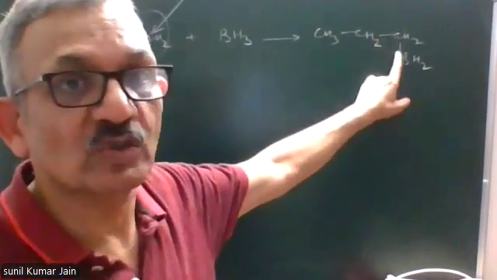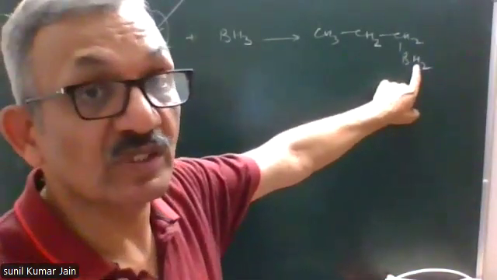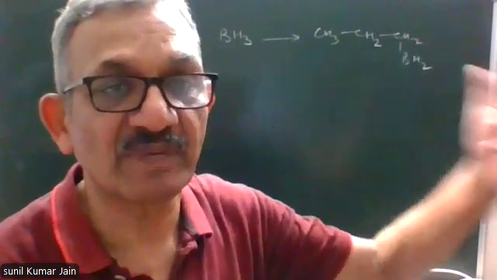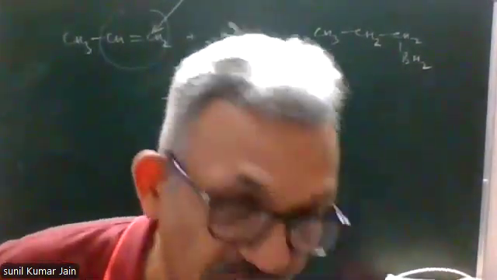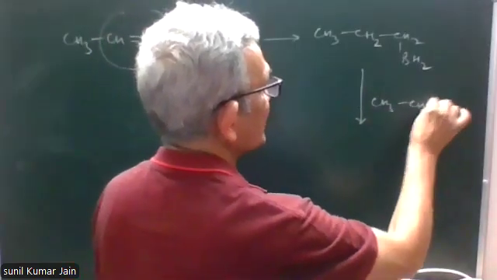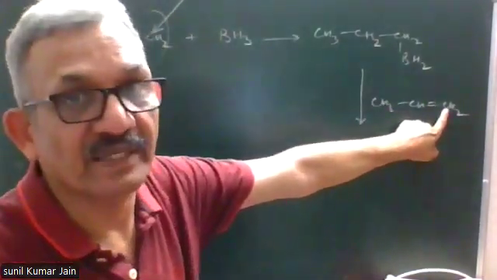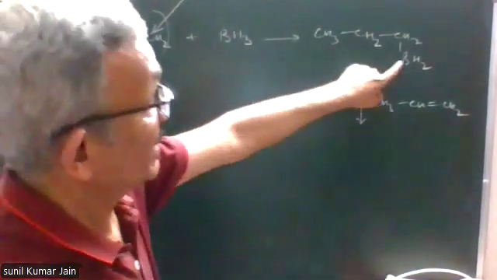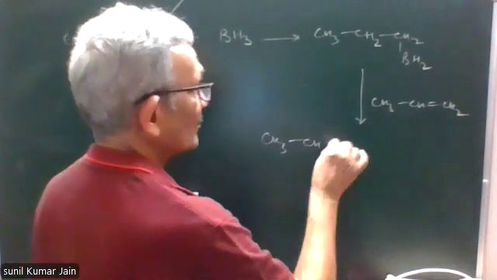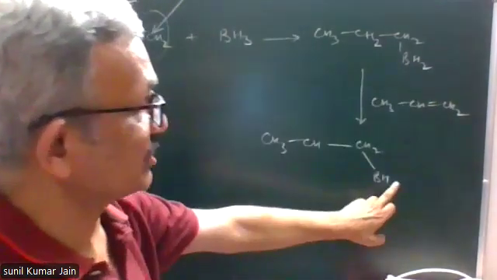One alkyl chain is attached to boron. This is alkyl borane. One hydrogen of BH3 is replaced by alkyl. Similarly, one more will be replaced, then one more, and last we get a trialkyl borane. Further, this will react with CH3, CH double bond CH2. This boron will attack this carbon atom, as I told you in the first step. I'm writing this. This is BH2.